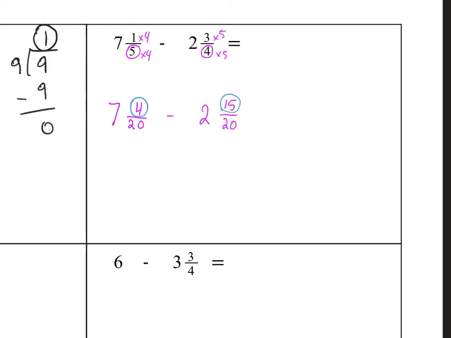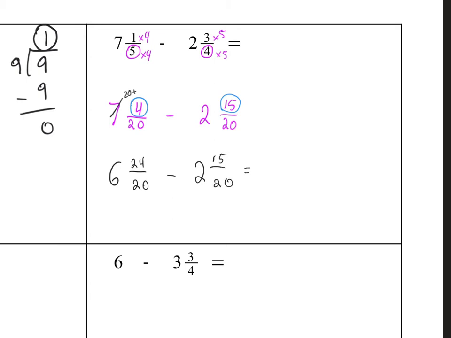So this is a case when I need to break apart that candy bar. I'm going to take that whole candy bar here, 7 candy bars, change it into 6, and then I would have 20 20ths. So I'm going to do 20 plus 4 to get 24 20ths. If you made these both improper, that was fine.